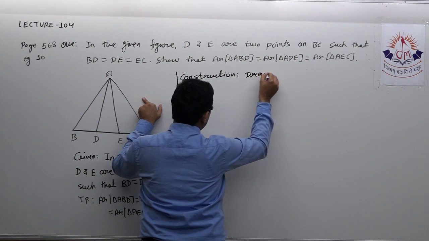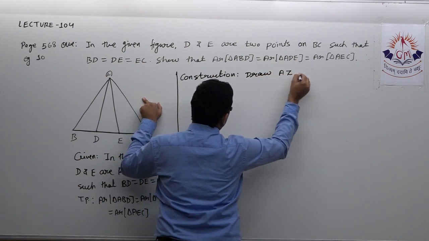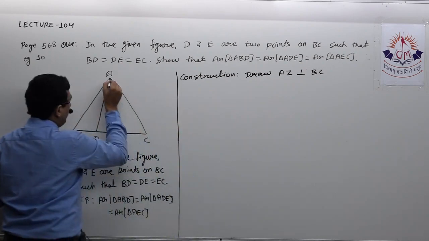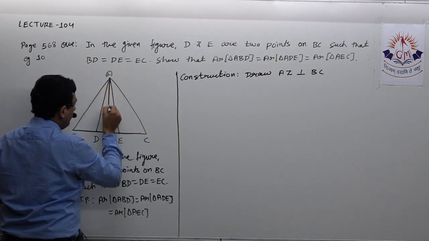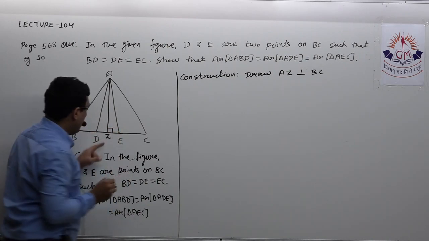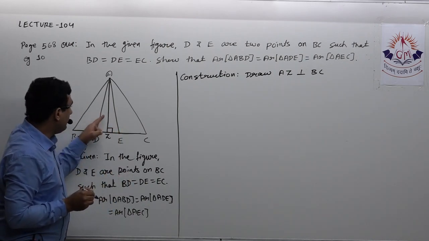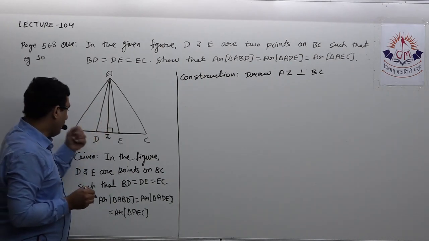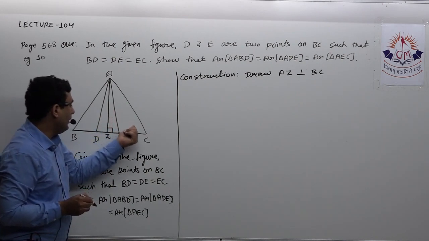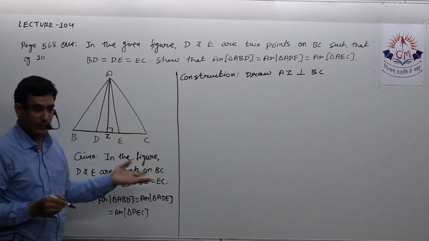Draw AZ perpendicular to BC. Now, as AZ is perpendicular to BC, that means AZ will be an altitude for triangle ABD, for triangle ADE, as well as for triangle AEC.